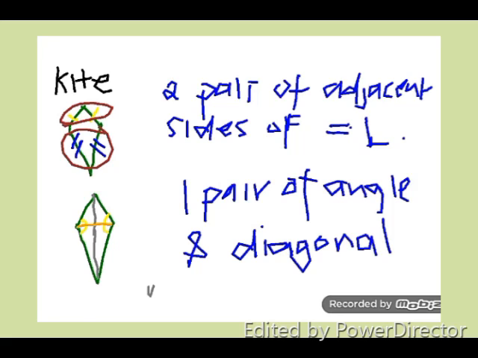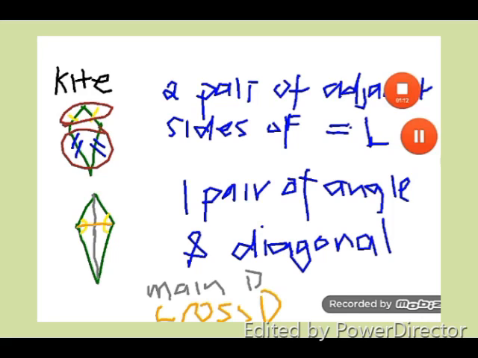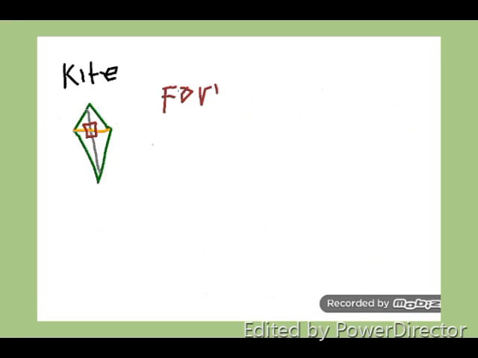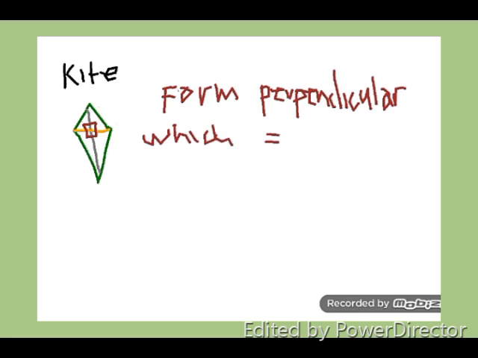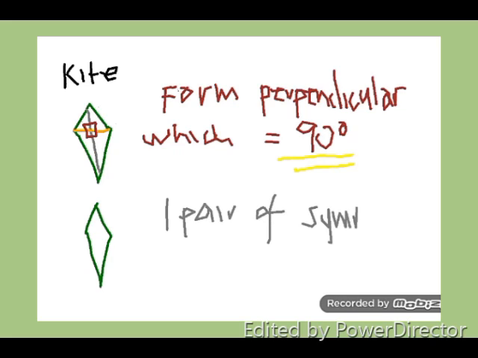Kite has two pairs of adjacent sides of equal length, one pair of equal angles and diagonal. Two diagonals that bisect form a perpendicular which is equal to 90 degrees. One pair of symmetry.